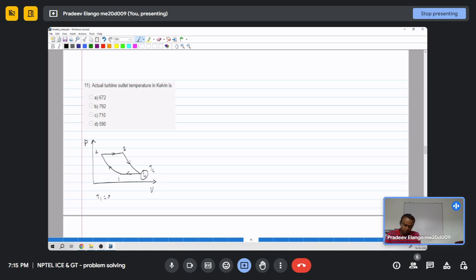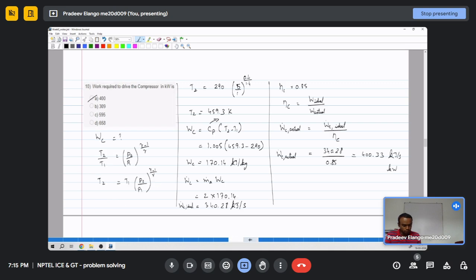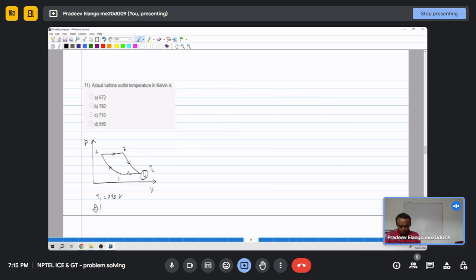T1 is 290 Kelvin, and we know P2 by P1. We also calculated T2, right? T2 is 459.3 Kelvin, and we know the pressure difference between 3 and 4. Here it is 5 bar, and here it is, sorry, 1 bar. So using pressure ratio, if we have temperature at state 3, we can calculate the temperature at state 4.